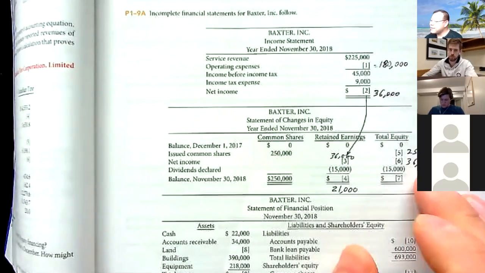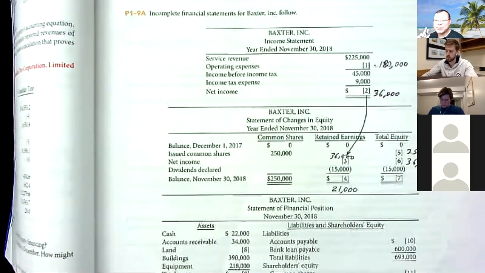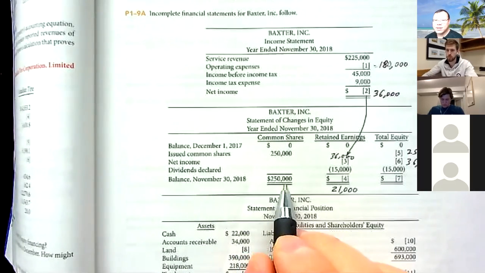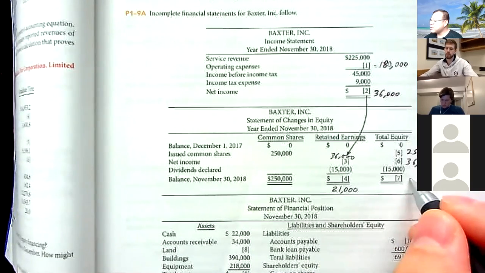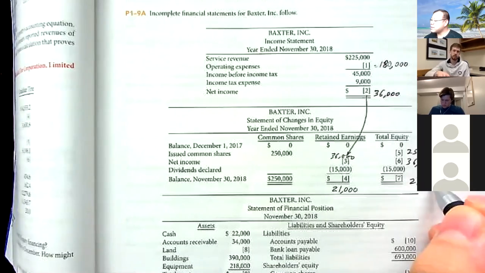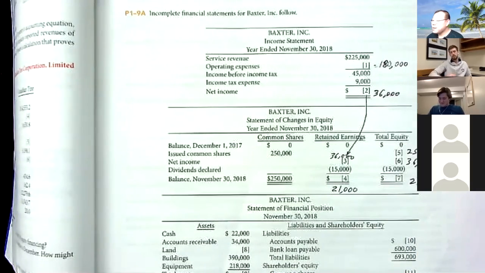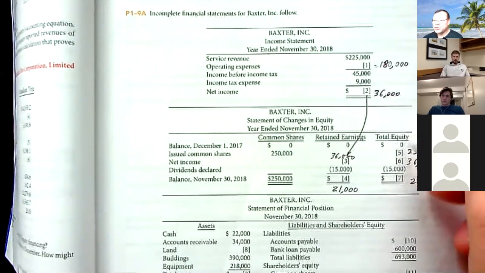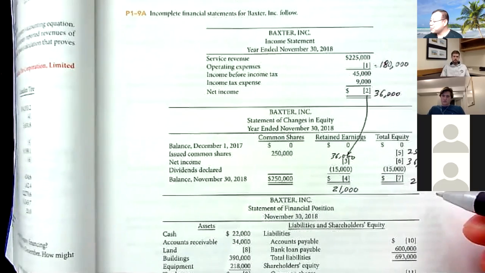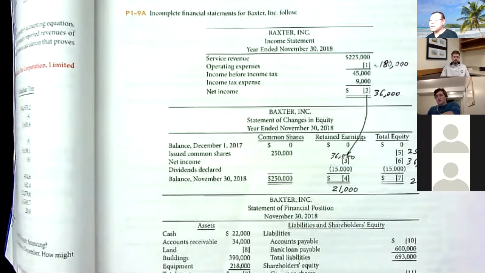And what's number seven? There are two ways to calculate number seven. You can go with 250,000 plus 21,000, so you get 271,000. If you add up this column, you should get the same result, 271,000. So that's number seven.